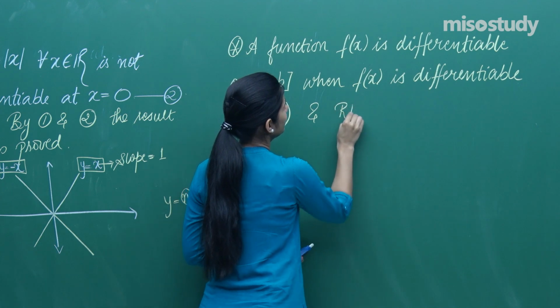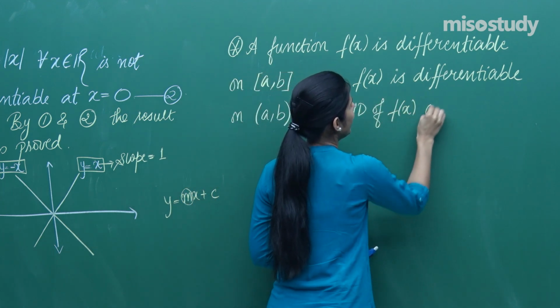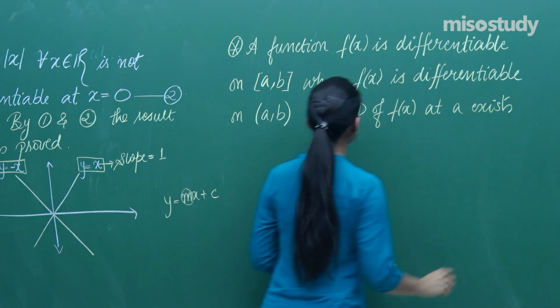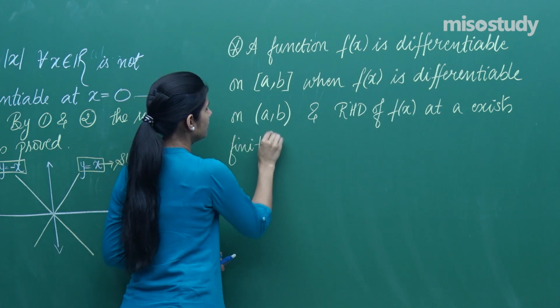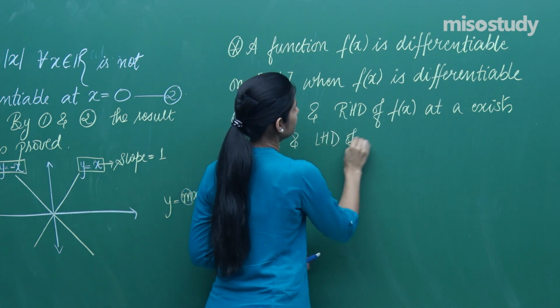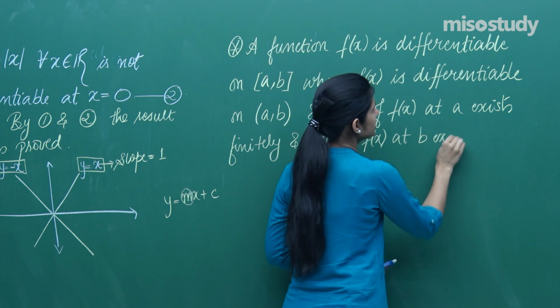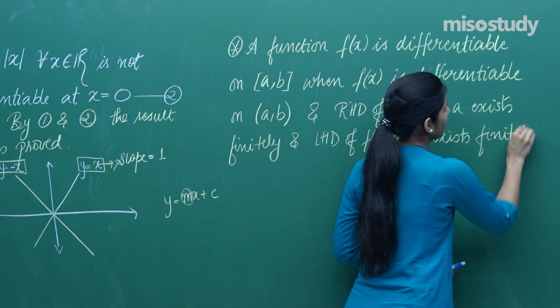and right hand derivative of f at a exists finitely. And left hand derivative of f at b exists finitely.